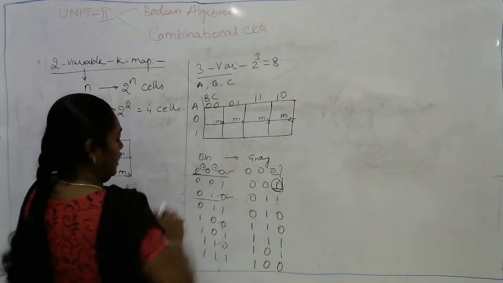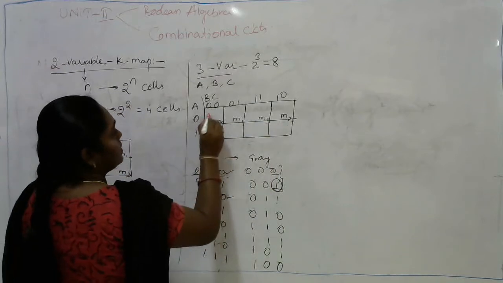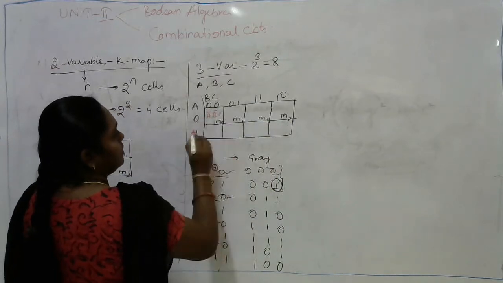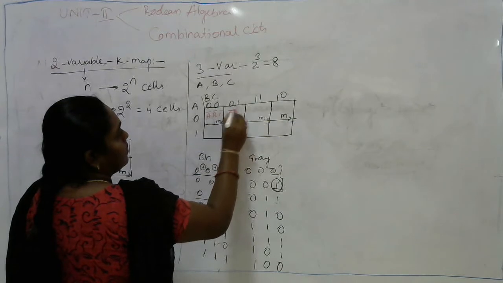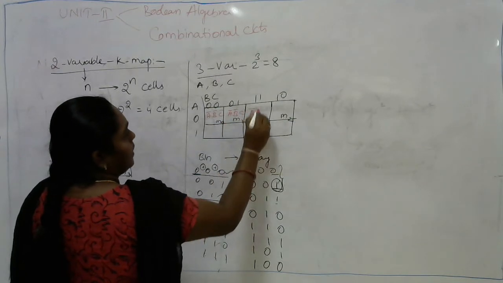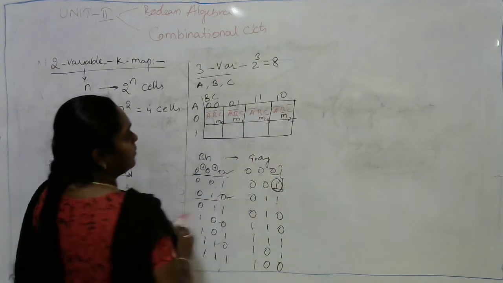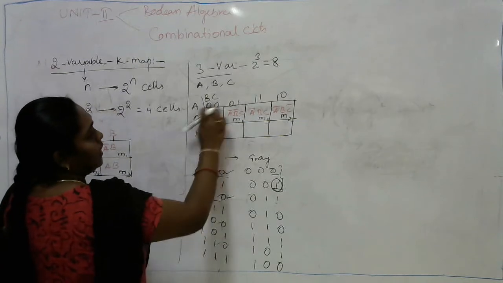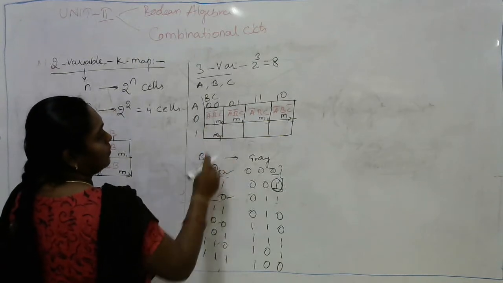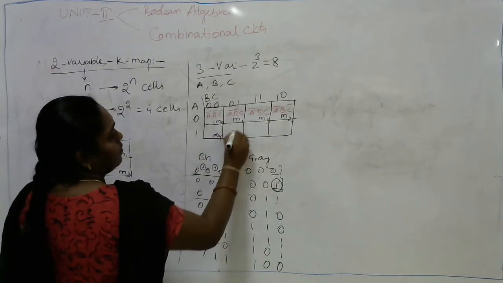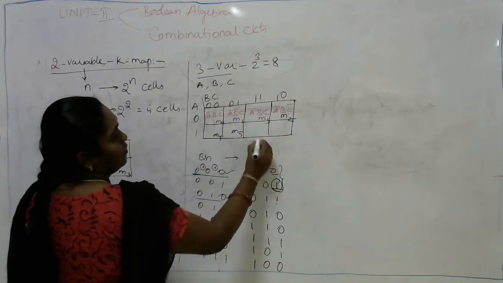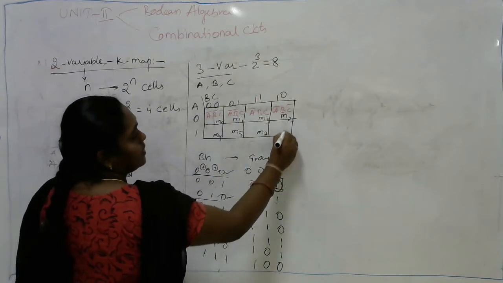In another way, I can write this as A bar, B bar, C bar; A bar, B bar, C; A bar, B, C; A bar, B, C bar. Similarly, 1 0 0 is 4, 1 0 1 is 5, 1 1 1 is 7, and this is 6.